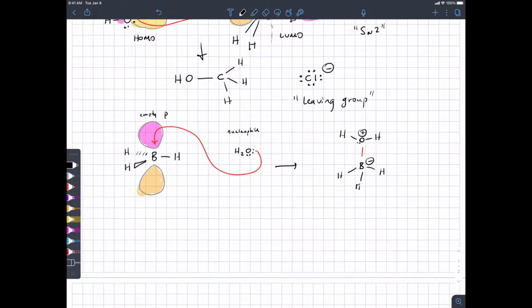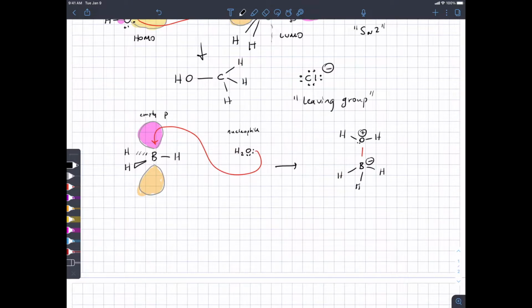Just to make sure, we're talking about empty p orbitals. Is that only going to be relevant for, assuming we're just talking about the 2p row, just boron and cations and anything else? Well, let's see. When are you going to find an empty p orbital? Boron and then positively charged trigonal planar carbons.